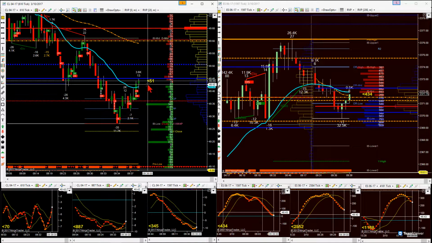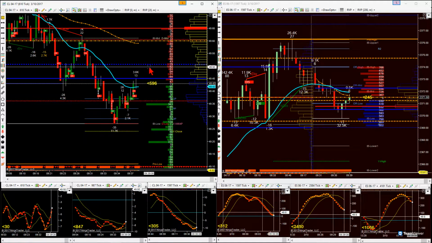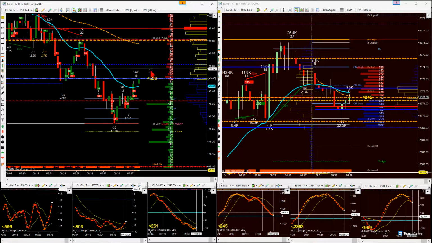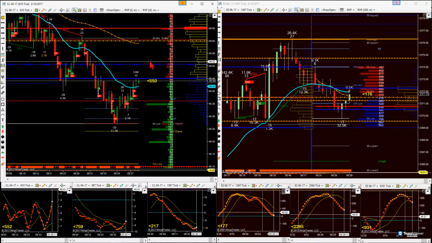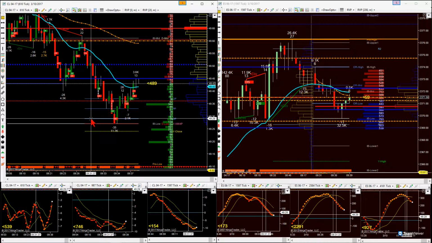So we're almost 20 ticks up from the low, meaning if we wanted to, not that I have a reason to yet, we could start watching for short trades, but I would like to see this come up higher before even considering any type of short there.